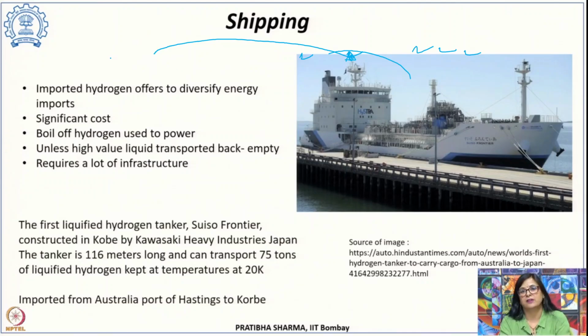In this case, boil off is a major challenge: the liquid hydrogen may boil off, causing a reduction and loss of hydrogen gas. You know how the boil off occurs.